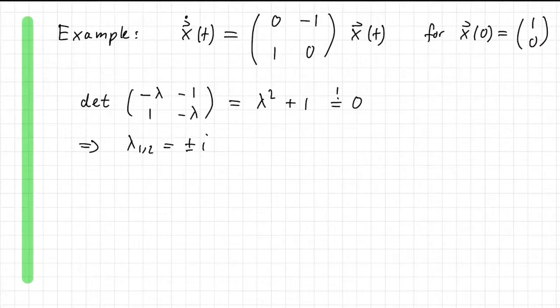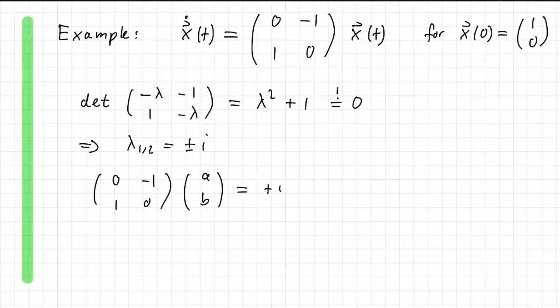Now we also need to find the eigenvectors. For that, we basically need to write down the problem once more. We now need to write down 0, minus 1, 1, 0 times an eigenvector, say, which we parameterize with a and b, equals, for the first eigenvalue, plus i times a, b. And from that, we can easily see that this is fulfilled if v1 equals 1, minus i.